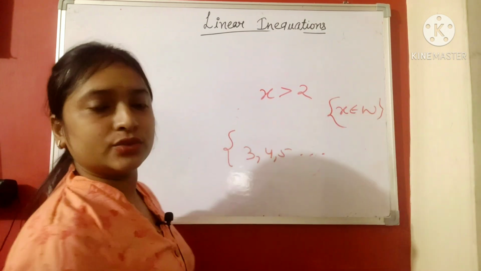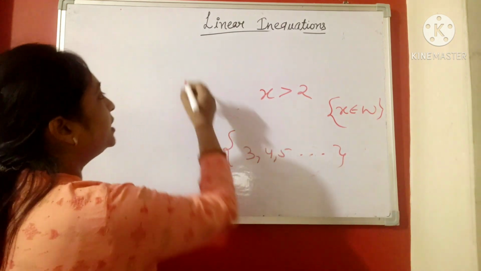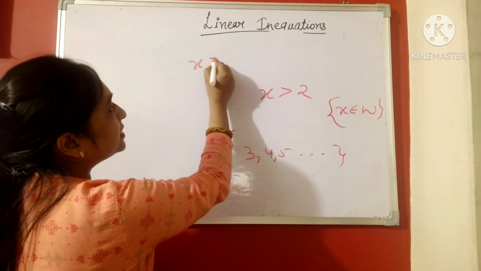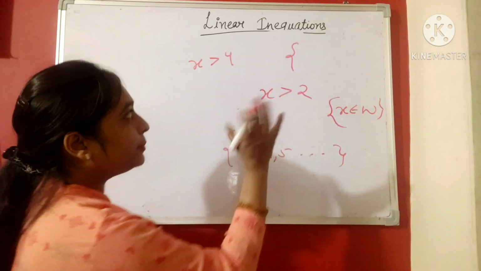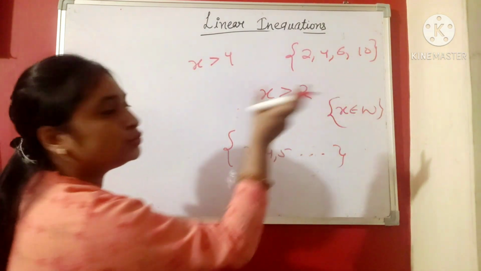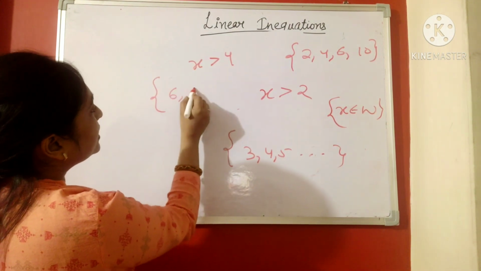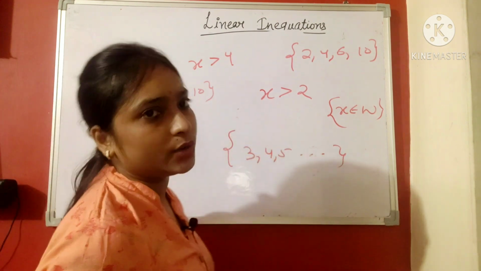The ending point is not given, so dot dot dot will be considered. Right. On the other hand, if I say x is greater than 4 and the replacement set values are given to us, then if we have to choose the values from the replacement set, our answer will be 6 and 10 for this particular question.